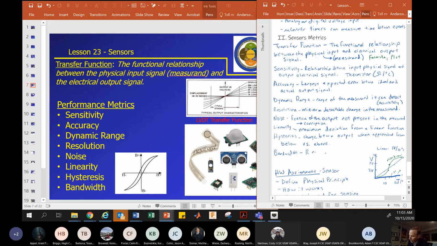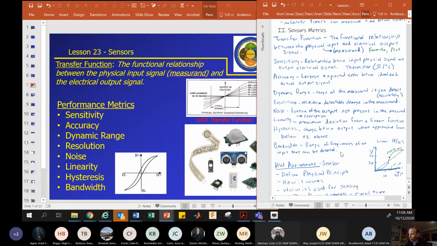So the bandwidth is the range of frequencies of an input that can be detected. What that has to do with is also how fast you can measure something.